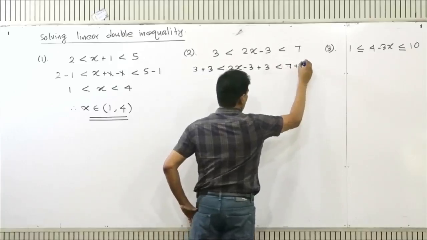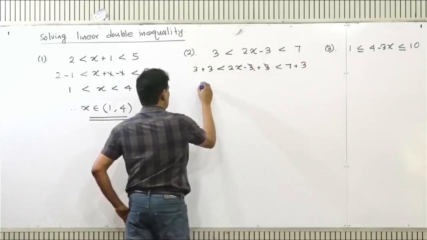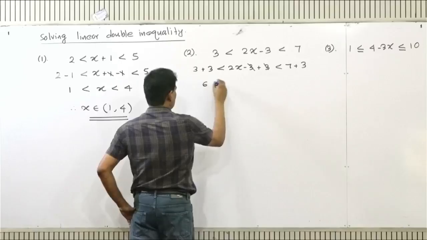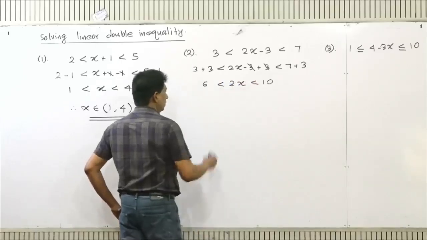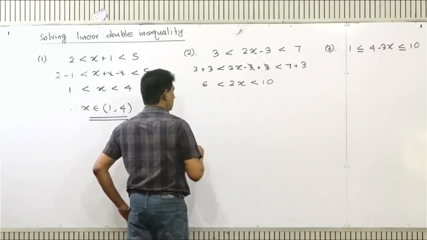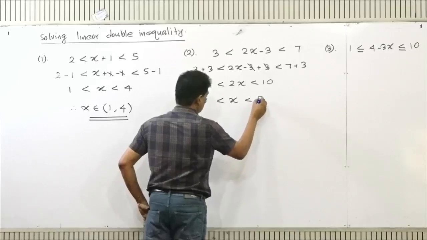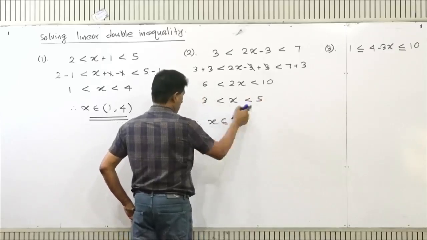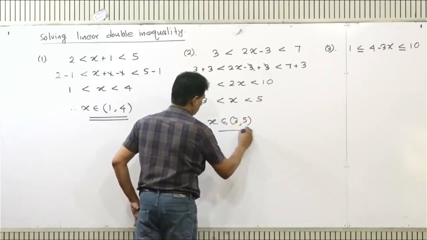Here 7 we have to add 3. 3 plus 3 means 6. No? Now we have to divide by 2. Now x can take in between 3 and 5 in value. This is the answer.